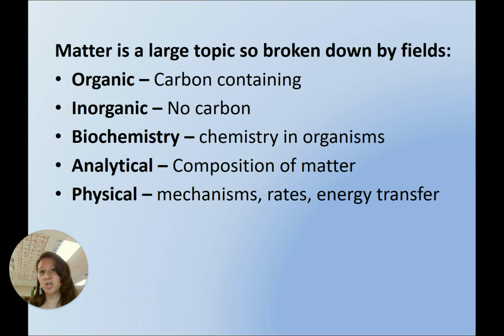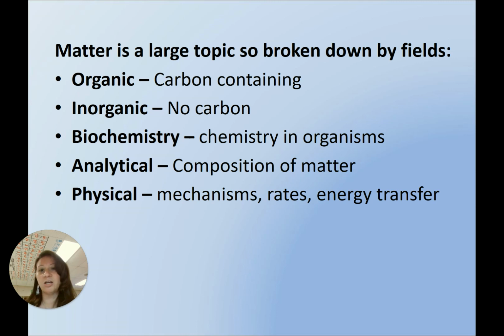There are many, many branches of chemistry. Some of the main ones are organic chemistry. 95% of chemists are organic chemists because a lot of the substances around us are organic substances, and especially the important substances. Organic means that it's carbon containing, so substances that have carbons and usually hydrogens.